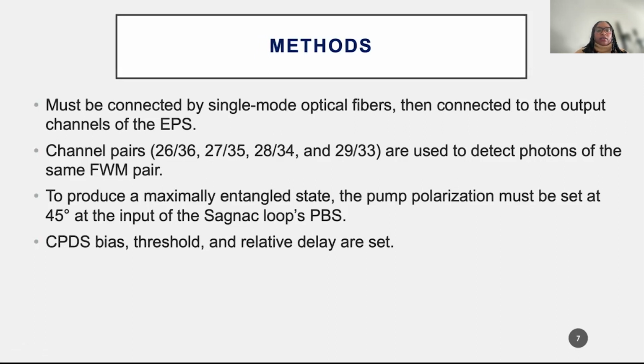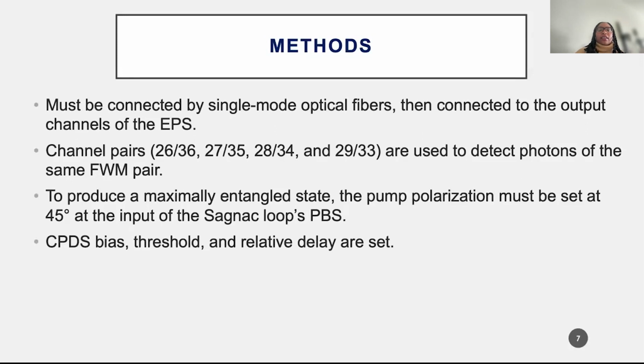And let's just take channel 2834, for example. The correlated channel pair 2834 is used to detect photons on the same four-wave mixing pair. So in order to produce a maximally entangled state, the pump must be set to 45 degrees at the input of the stagnant loop polarizing beam splitter. The internal polarization controller is automatically adjusted until the power at the output of the loop is maximized.